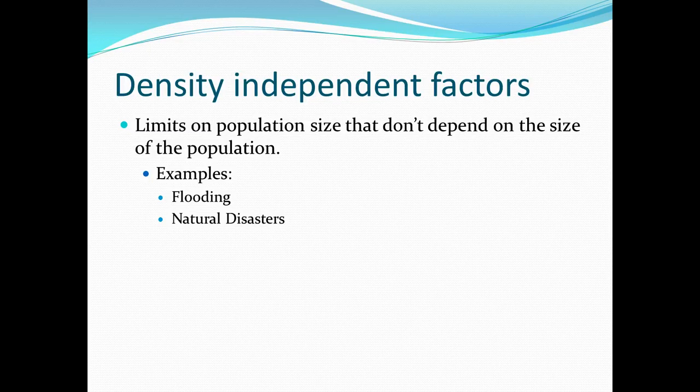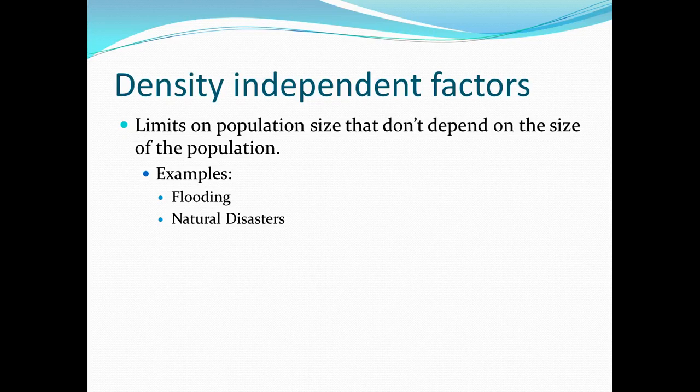The classic example of this one, I wish I could find the name of the bird species because it would make it a lot easier to understand. But there's a bird species in the United States that every 10 or 20 years, there's a massive windstorm in the central United States that tends to kill about 70 to 80% of this type of bird. And what that does is that lowers their population.